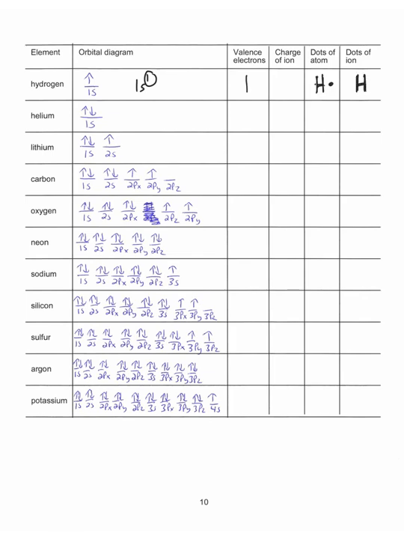And because it has lost an electron, it has 1 proton in the nucleus and 1 electron. If you lose that electron, what's left? A proton in the nucleus. So now, because it's lost an electron, it develops a +1 charge because it lost its 1 valence electron. So that's the dot structure of the atom, and that's the dot structure of the ion.